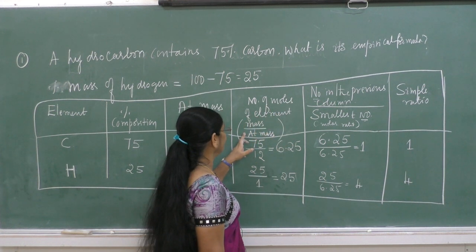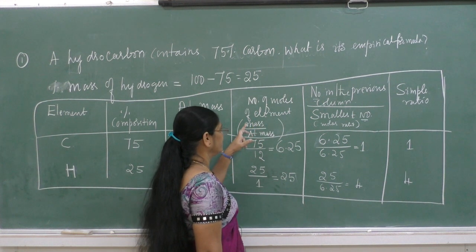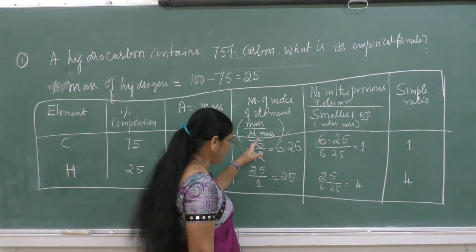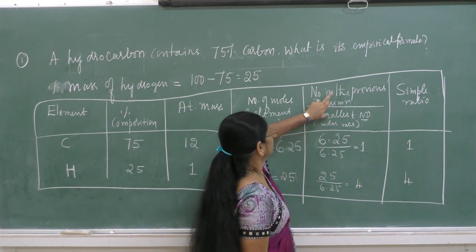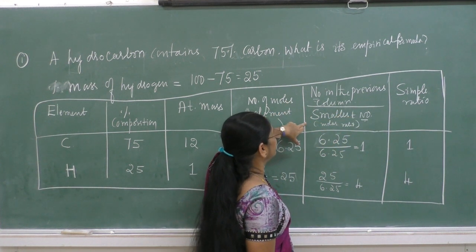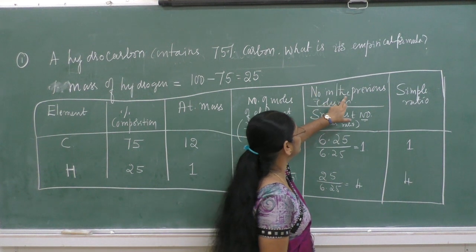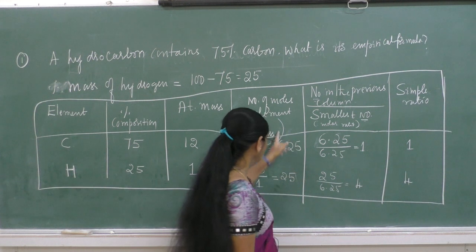It is calculated by dividing the given mass by atomic mass. The next column is the molar ratio, calculated by the number in the previous column divided by the smallest number.